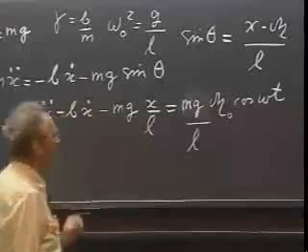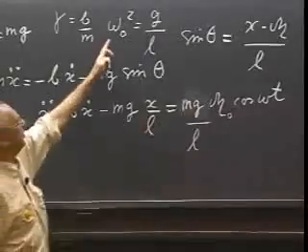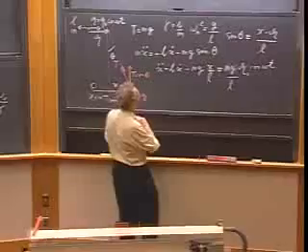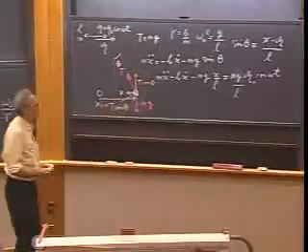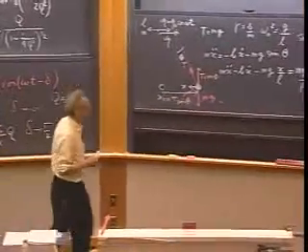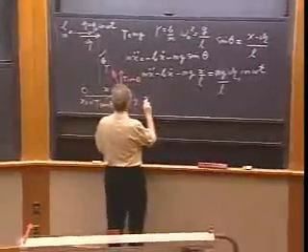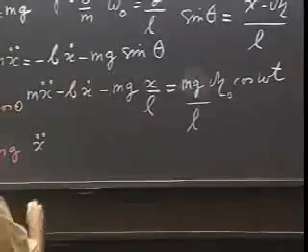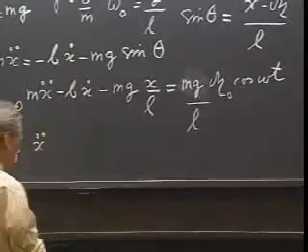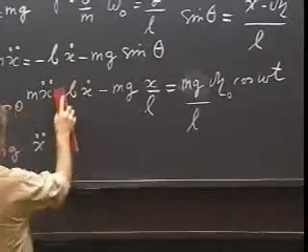And now I divide by m, and I substitute omega 0 squared in here. Oh, I had an m here too. You should have screamed, there was an m there. I decided not to divide by m, remember? Now I'm going to divide by m. There's an equal sign here. You should not be sleeping.